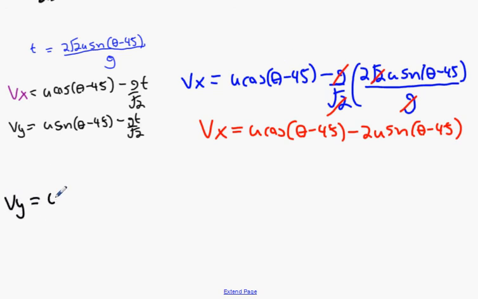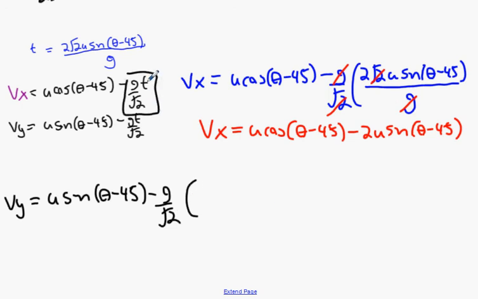Phi y equals u sin(theta minus 45) minus g over root 2, once again times t, isn't it? So I've already done g t over root 2, haven't I? I did g t over root 2 already, so I'm just regurgitating old work here.